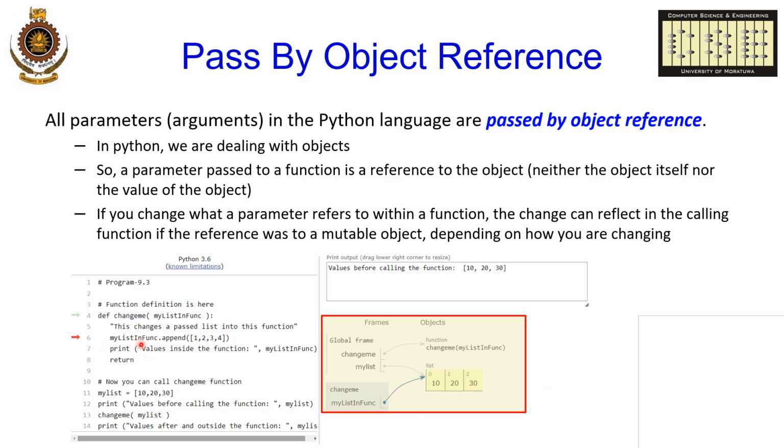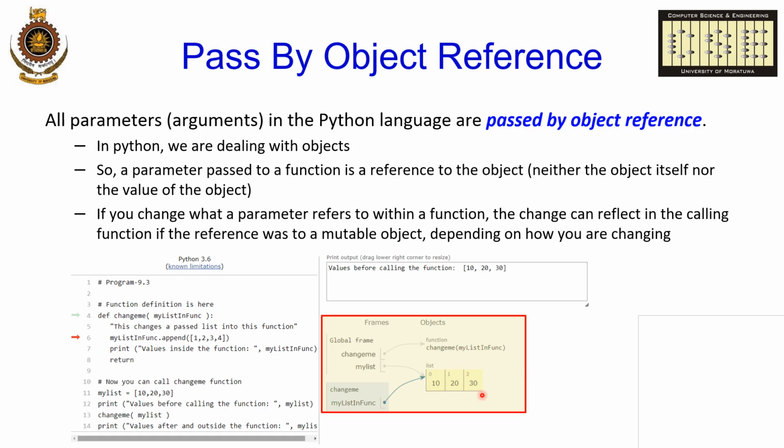This list, my list, when you have defined it, will be a list object in memory, right? My list contains a reference to it, and when you pass it to change me, by reference, this my list in func reference points to the same reference that already points to the list object.